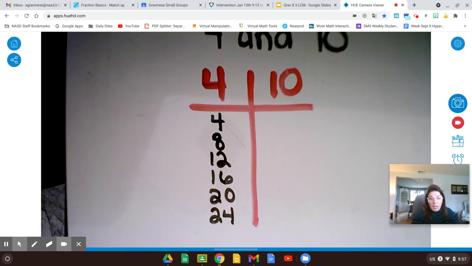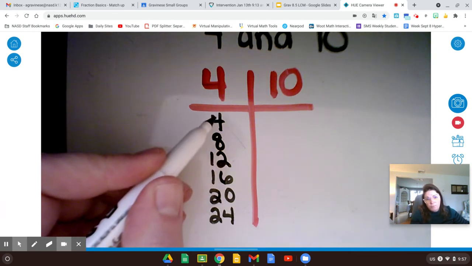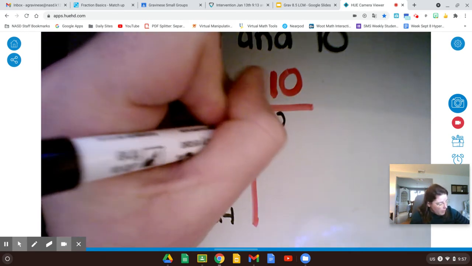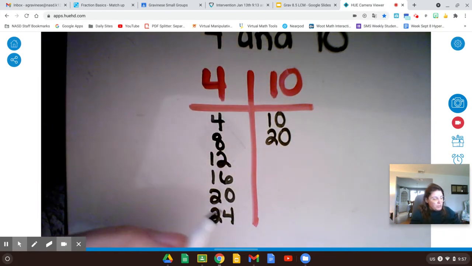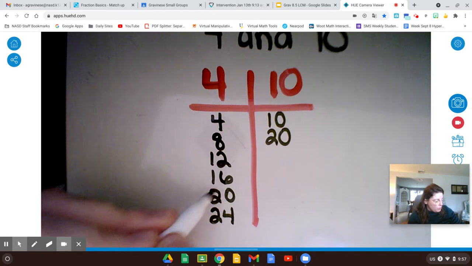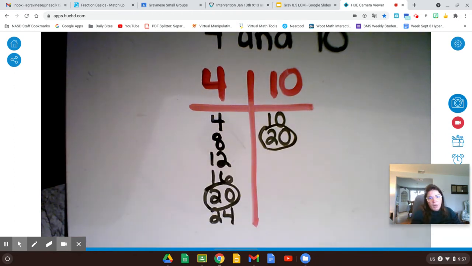Now let's do some tens, keeping in mind if any of these numbers are in my tens, it's a common multiple. 10, 20, wait, I remember writing a 20 when I listed my 4 multiples, and there it is. And that's the first number in common. Therefore, 20 is my least common multiple.